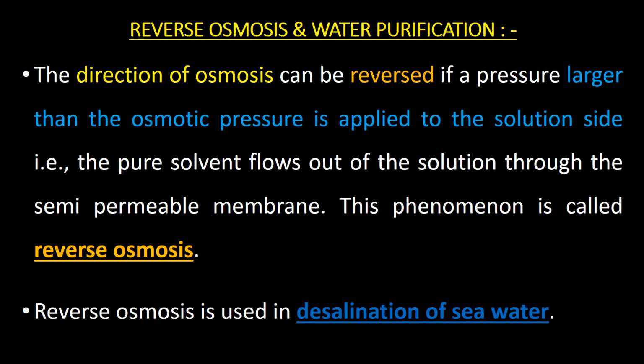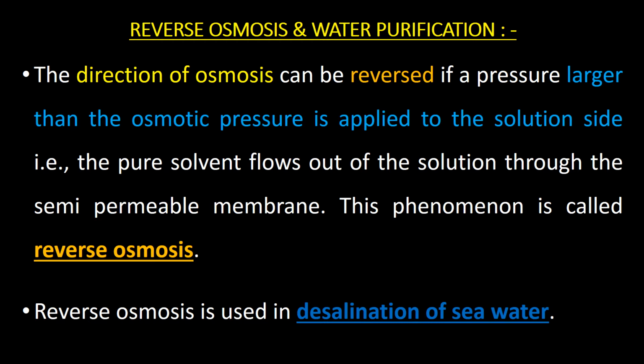In this session, I am going to explain reverse osmosis, water purification, abnormal molar mass, and van't Hoff factor. First, let us know what we mean by reverse osmosis. The direction of osmosis can be reversed if a pressure larger than osmotic pressure is applied to the solution side.